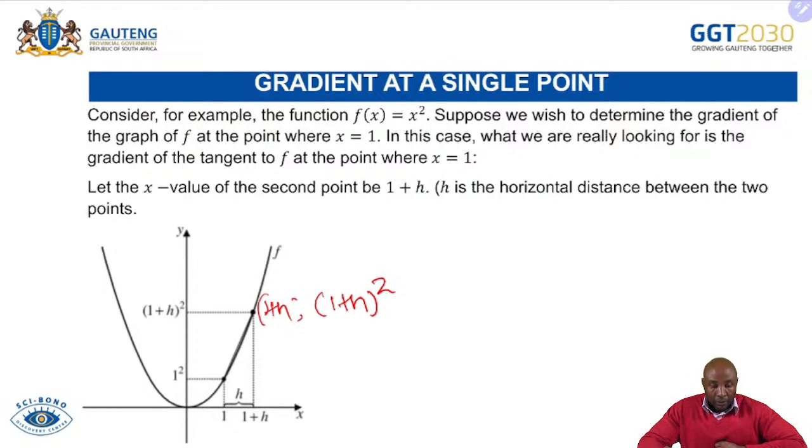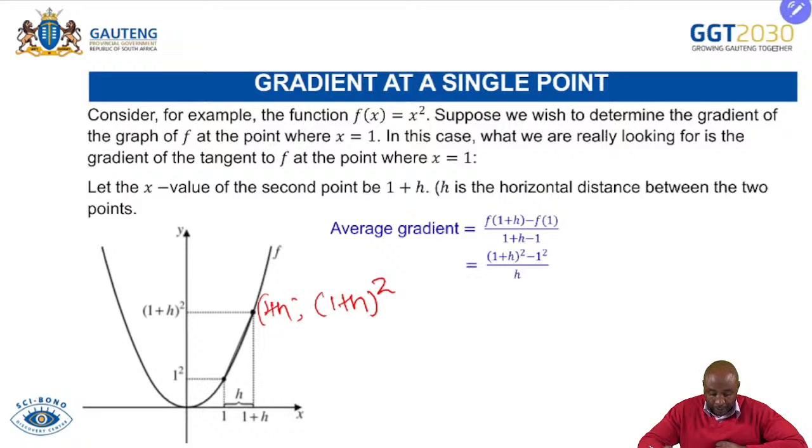So, using the coordinates of those 2 points, we are able to find the average gradient of those 2 points, and we are able to substitute into our formula, and we simplify that.